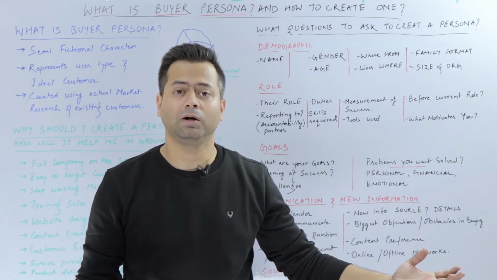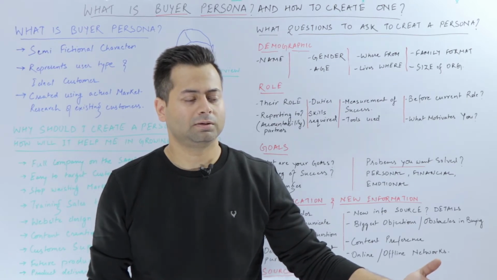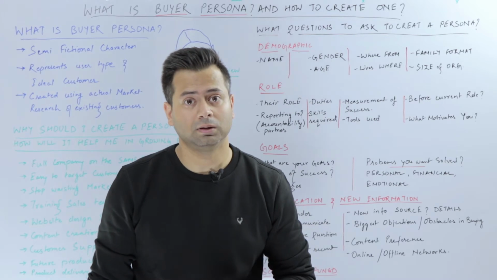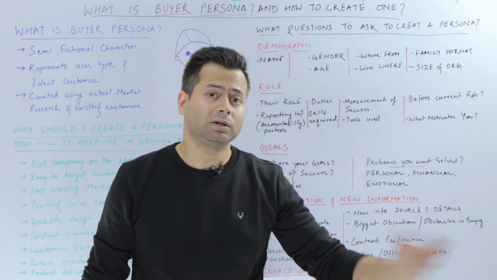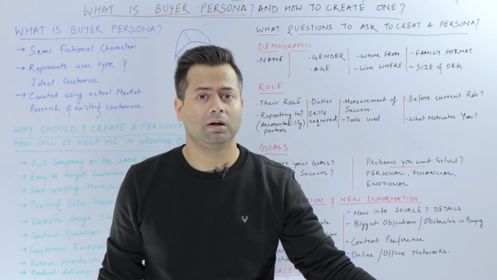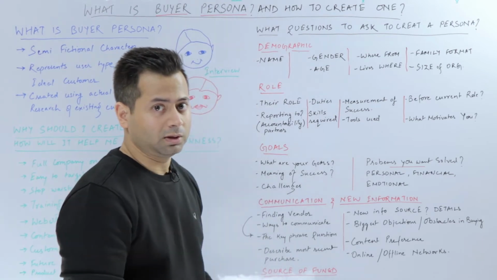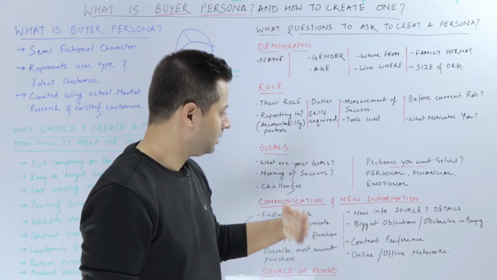Let's say they're buying a home and they don't want a liquor store near their home, or they want a school to be nearby, or they want a hospital to be nearby. So what are the things they're looking for when they're buying new stuff?